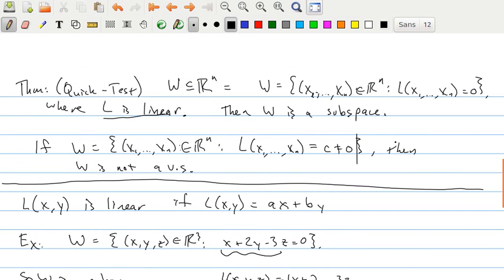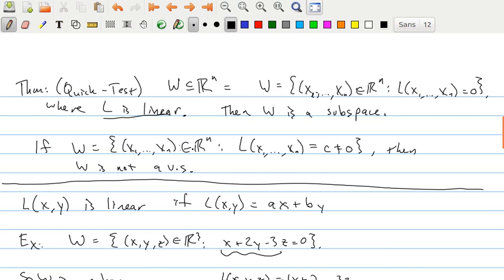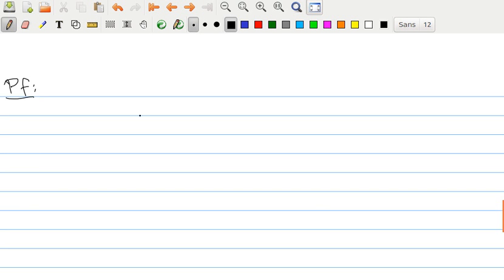So here's our theorem that says if W is a vector in Rn, so that this linear function equals 0, this is a vector space. Let's go and prove this theorem. Let me actually just write this out.